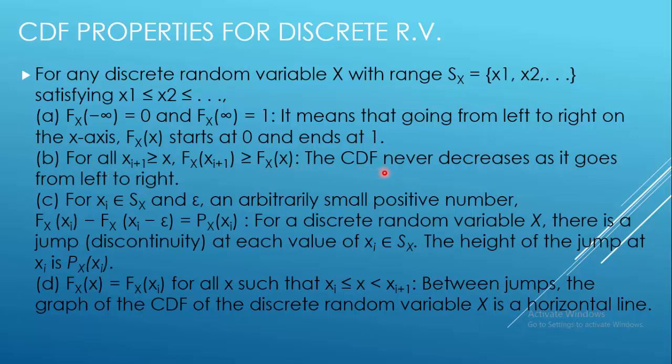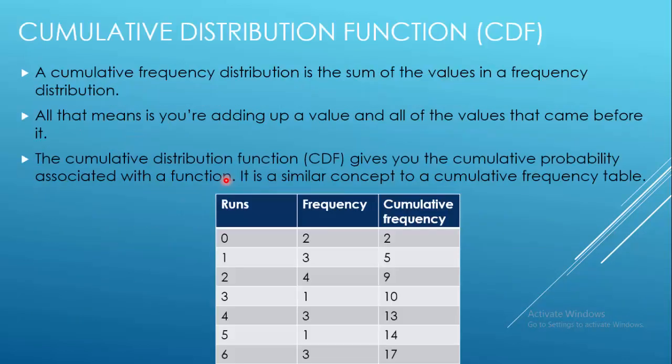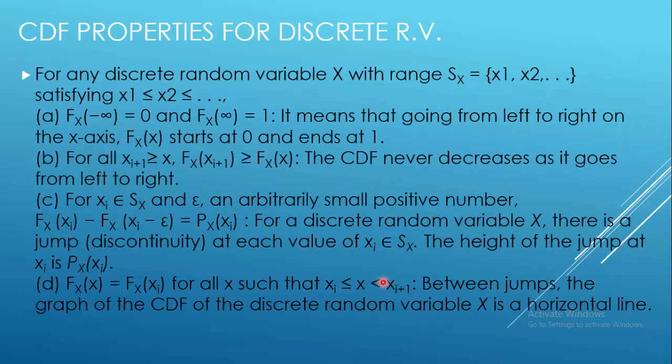The CDF never decreases as it goes from left to right, or as you can see over here, this is increasing because every time we are adding up some value to the previous one. So it can be either the same as the previous one, or it can increase, but it cannot decrease.